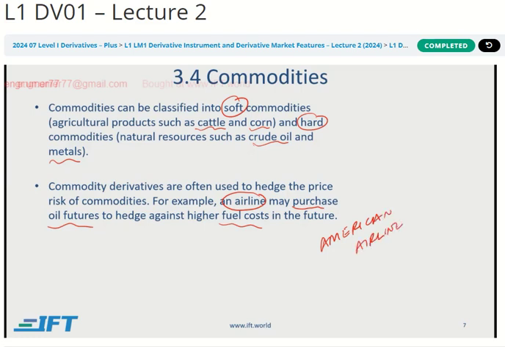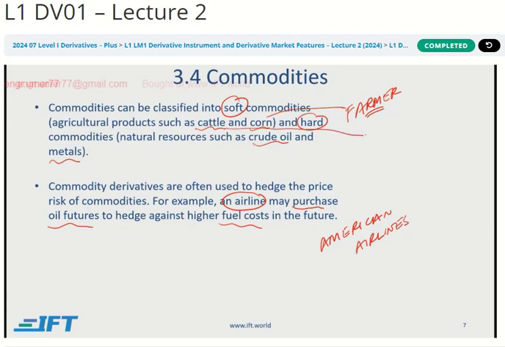And what about the soft commodities? So can you think of somebody who would want to sell corn in the future? Maybe a farmer, right? And I mean, don't think of a small individual farmer. Think of a corporation that does farming at a corporate level, right?